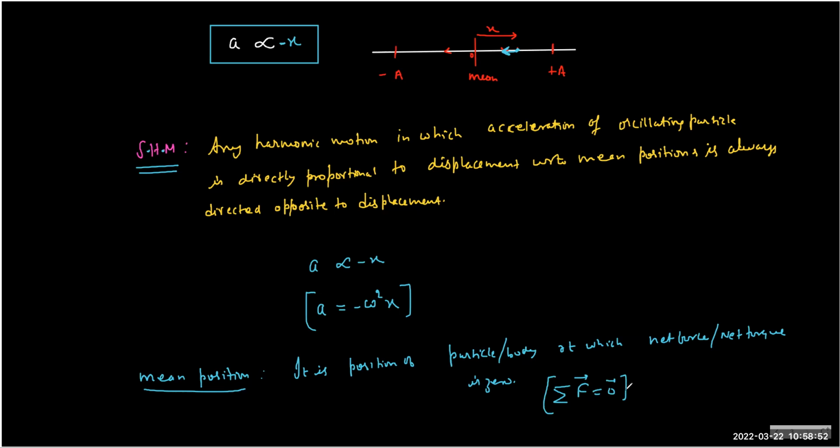That's it. Generally you will get one-dimensional SHM. In Olympiad, you may get some two-dimensional problem. You have to express the force in vector notation and then add up to 0. So that's the definition of mean position.